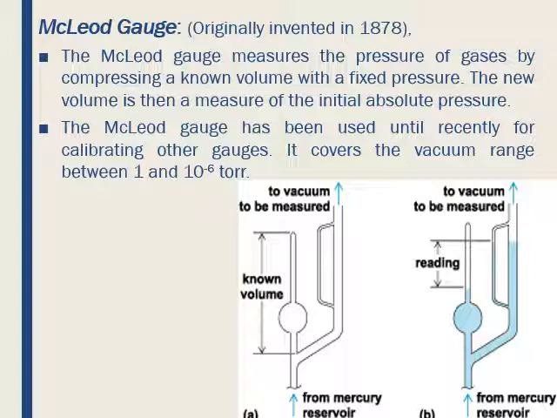This measures the pressure of gases by compressing a known volume of gas or fluid with a fixed pressure. The new volume is then a measure of the initial absolute pressure. The McLeod gauge has been used until recently for calibrating other gauges also. It covers a vacuum range between 1 to 10 raised to minus 6 torr.